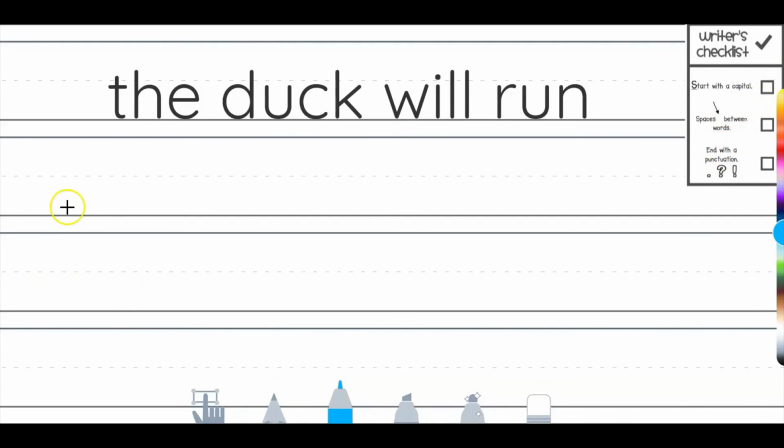Okay, so we start with the word the. We know that this T is lowercase in this sentence, so when we rewrite it, we need to make sure we have a capital T. So capital T, the. Finger space, duck.